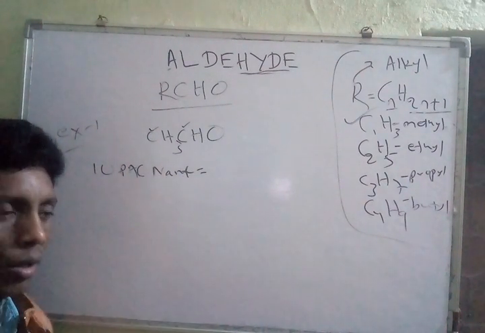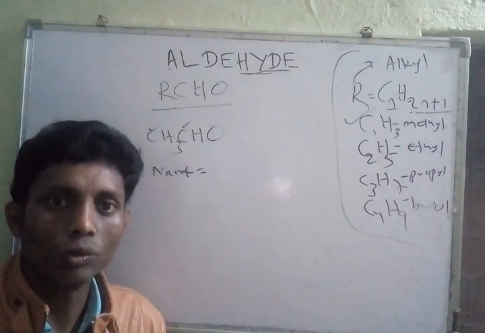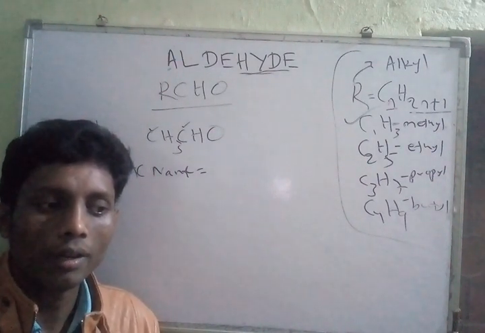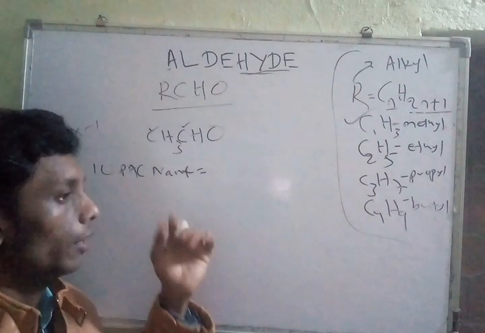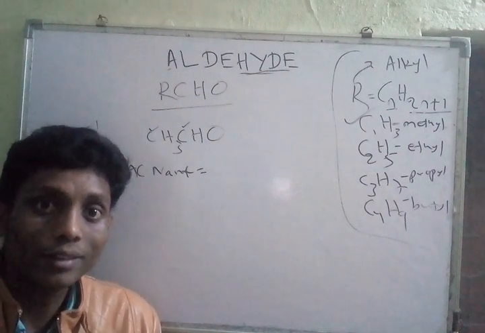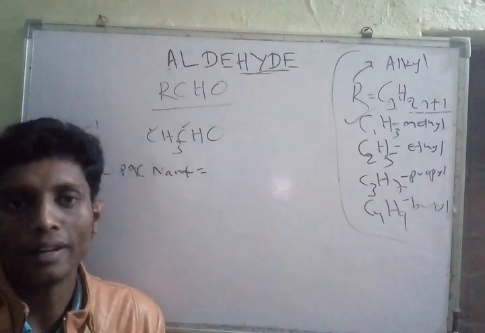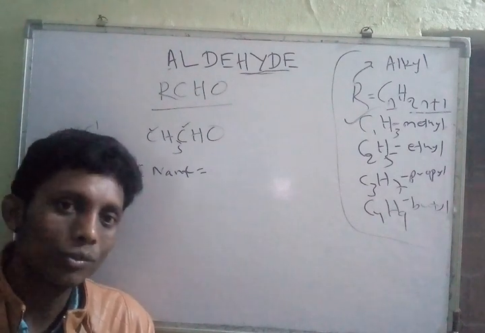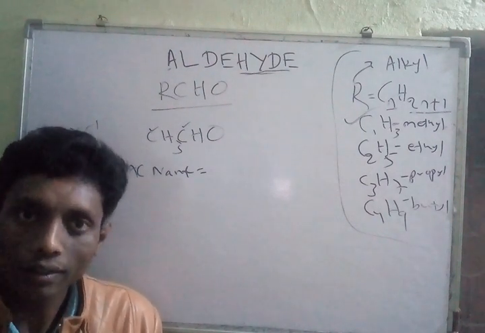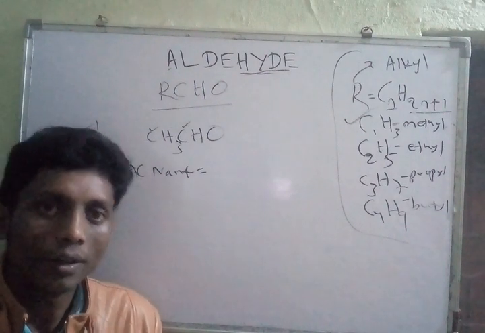So you have to remember the alkane groups. You have to keep in mind the name of the alkane with only two carbon atoms. If there is one carbon, methane; two carbon, ethane. So the alkane with two carbon atoms is ethane.